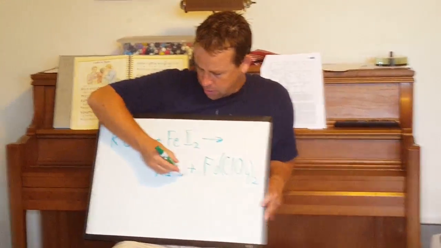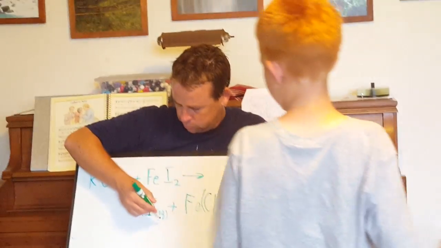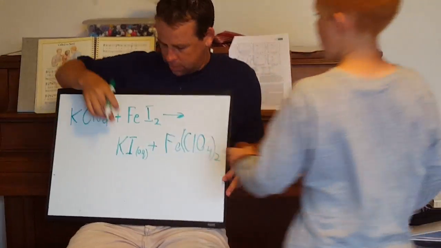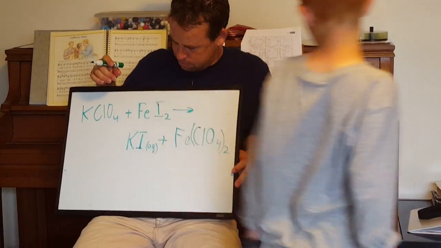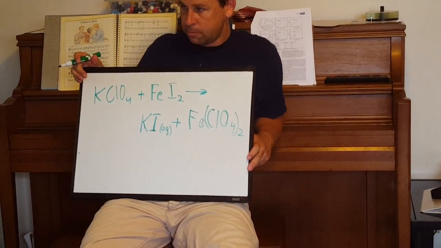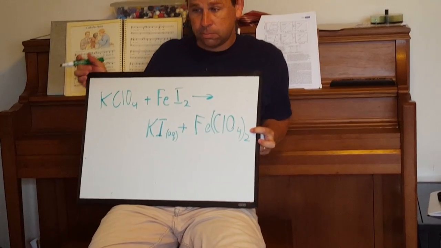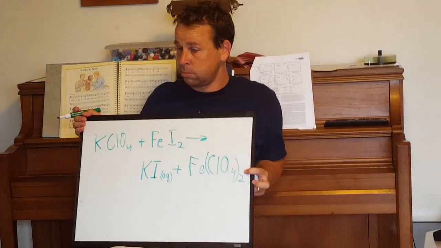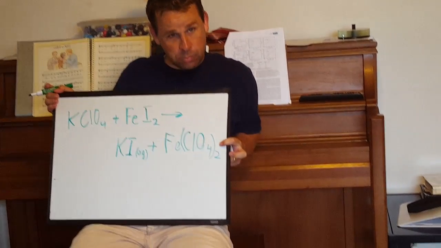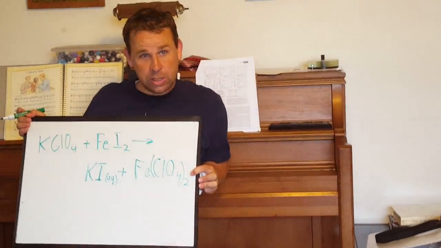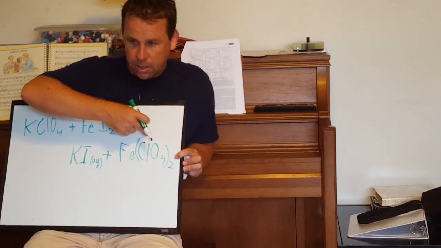This is aqueous. How did you know? It has the alkali, potassium. You're right, I forgot to put the two there. That one's soluble because it has group 7 and doesn't have silver. But this isn't chloride, this is a perchlorate.